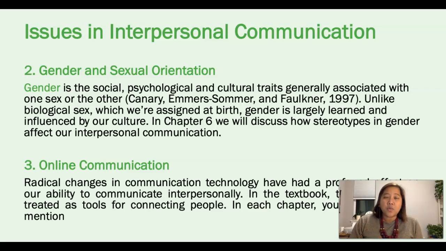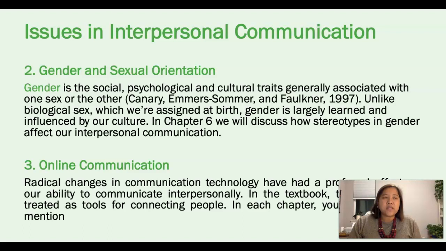And lastly, we're also going to talk about online communication. Radical changes in communication technology have had a profound effect on our ability to communicate interpersonally. In the textbook, technologies are treated as tools for connecting people, and in each chapter, you'll find frequent mention of technology.